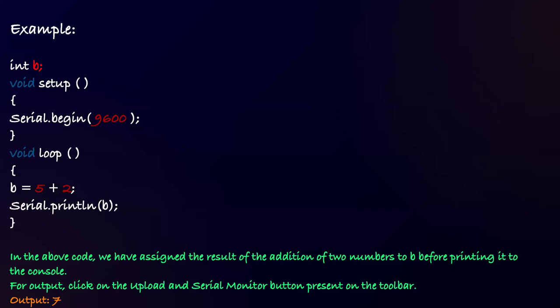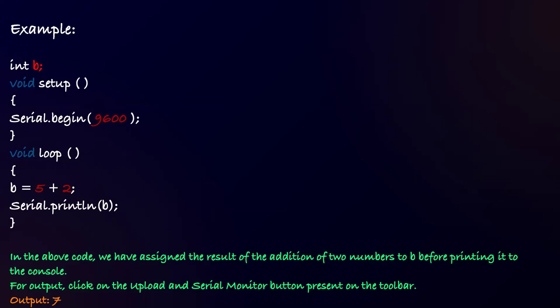We don't need to set up many things because it's a very simple beginner operation. In void loop, we have written b, the integer that we declared at first as a variable, equal to 5 plus 2. Then we print it with Serial.println b. So what output will we get? As you can see, we get 7, because 5 plus 2 is 7. So 7 is assigned to b.